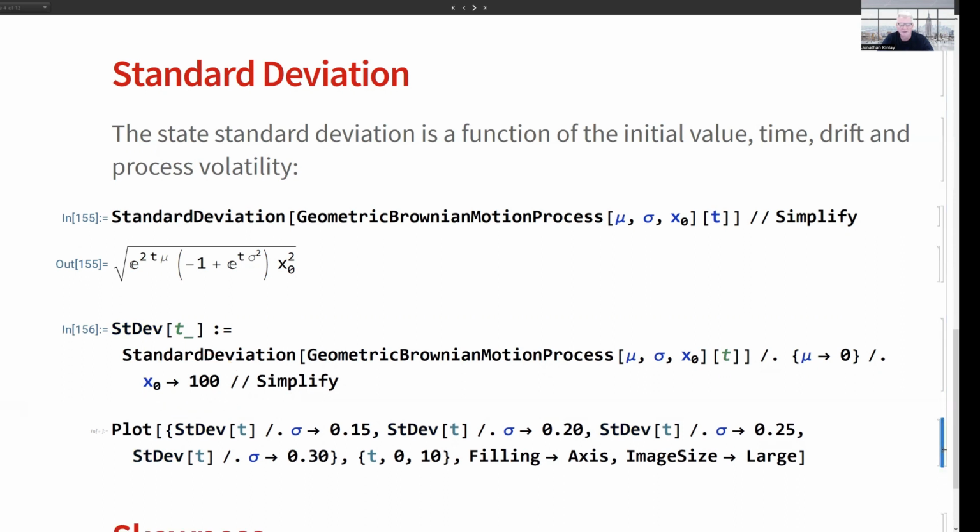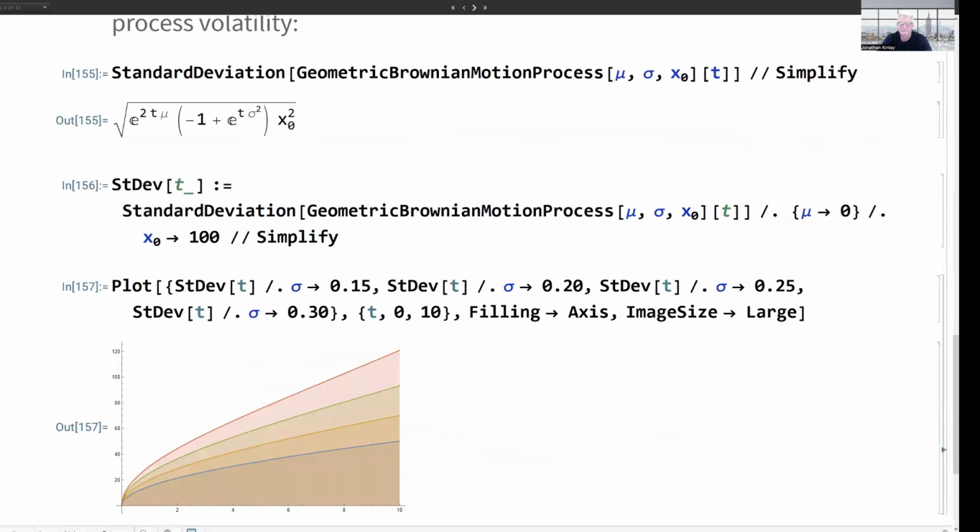And let's plot that standard deviation for different values of sigma. Sigma equals 0.15, sigma equals 0.2, and again 0.3. You can see fairly clearly that the standard deviation is growing with the square root of time, and the rate of growth increases with the parameter sigma.